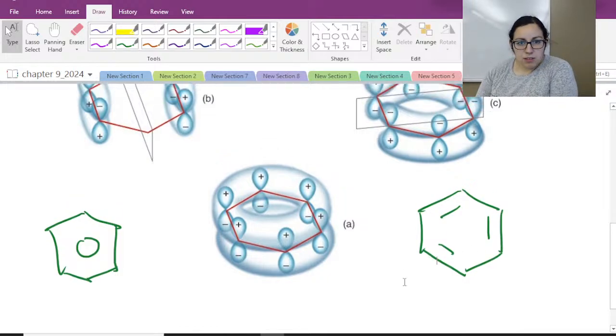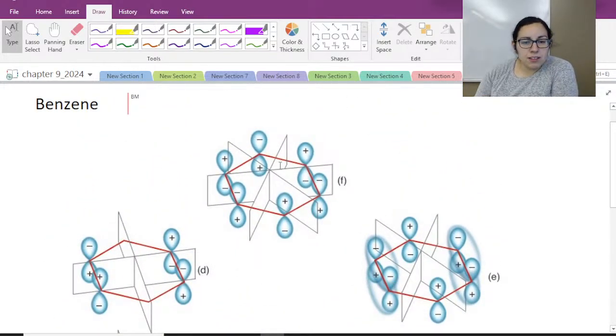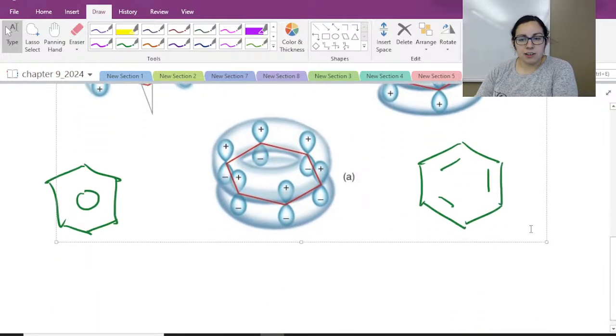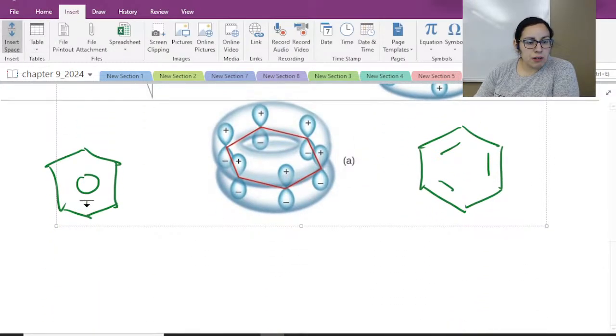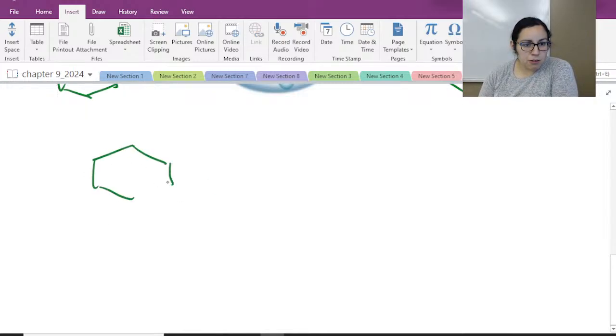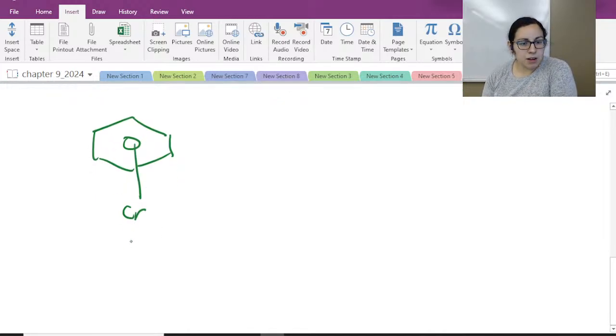And so now this is kind of getting into more complicated structures. So this goes into how do we do MO diagrams. And so it all depends on what pieces you have together. And so I wanted to try to show you the diagram of this compound. So it's bis-benzene chromium, which means we have chromium kind of sandwiched between two benzene rings.